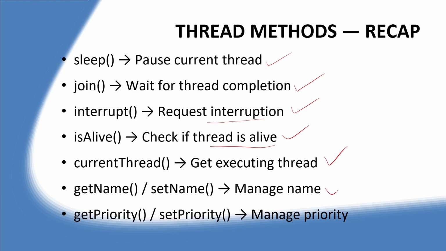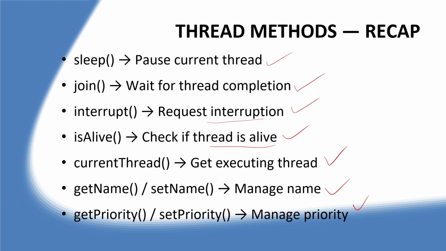Thread names help us identify which thread it is. And thread priority provides a scheduling hint but does not guarantee execution order. If you understand what each method does to thread execution, you won't need to simply memorize these definitions.